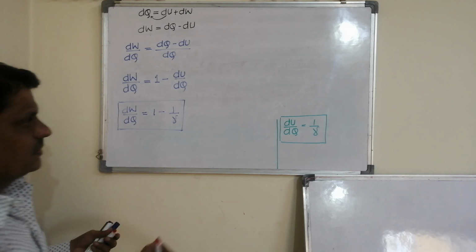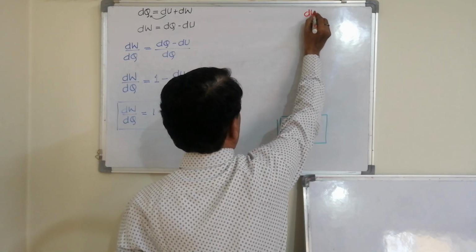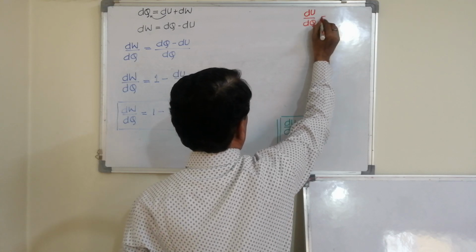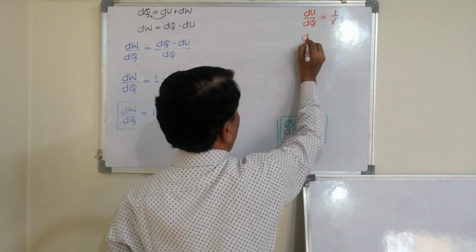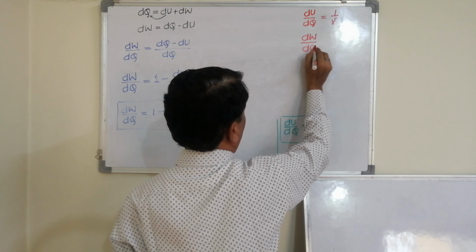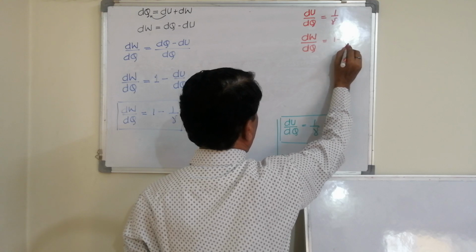Okay, see here, just now we arrived at dU by dQ is 1 by gamma, dW by dQ is 1 minus 1 by gamma.